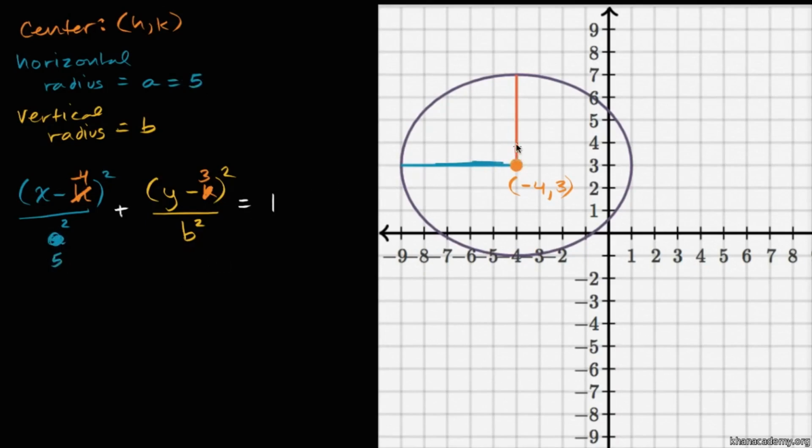And b is our radius in the vertical direction. We can see it's 1, 2, 3, 4 units. So b is equal to 4.